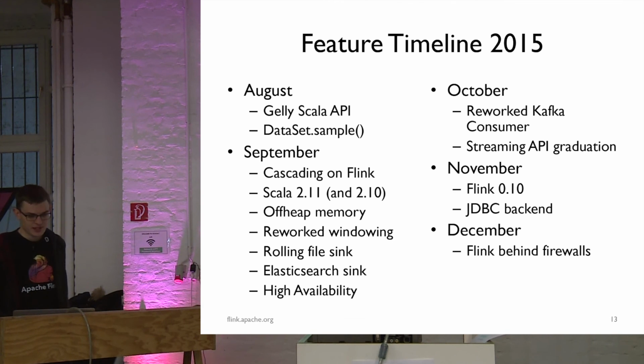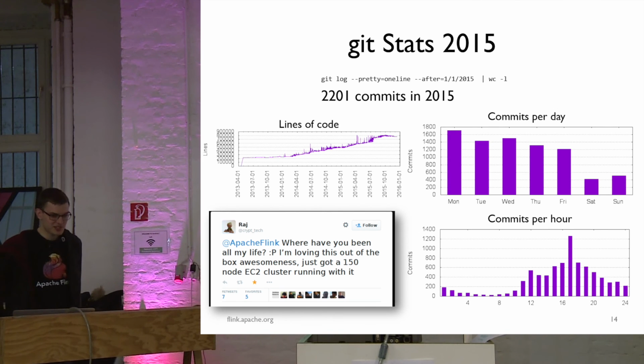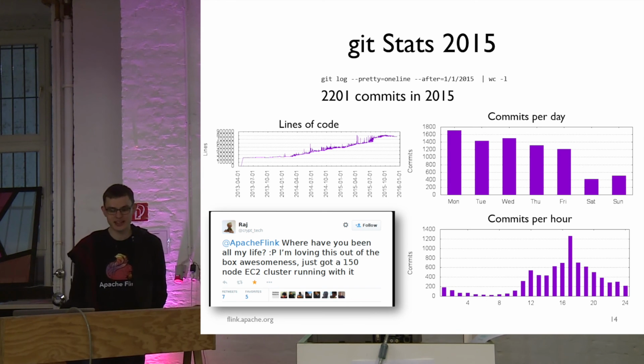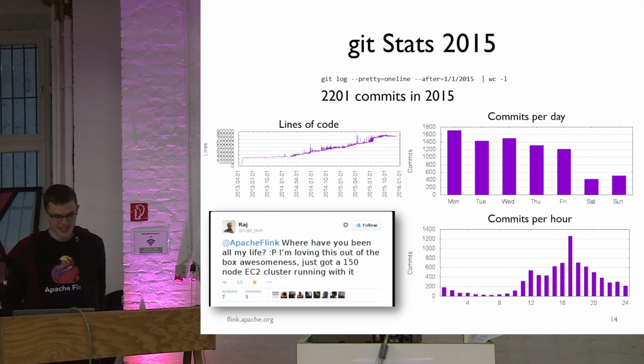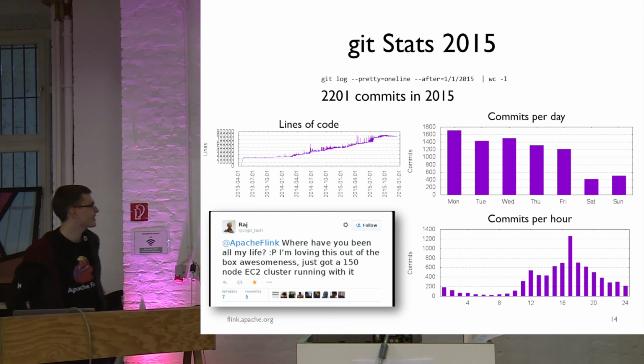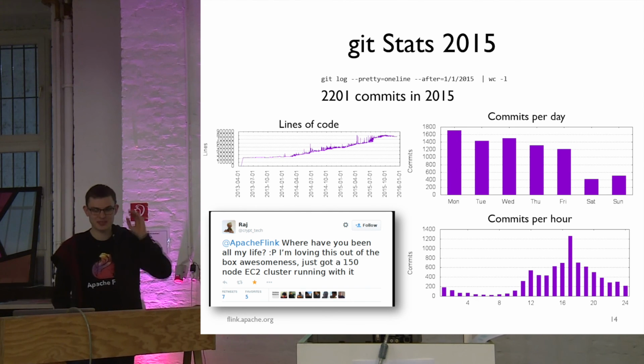Another source of great numbers is Git. The first thing I did was count the commits. We made 2,200 commits as of yesterday evening. There are more commits now. You can also see that the lines of code are increasing, luckily not very fast, because that's a bad sign.